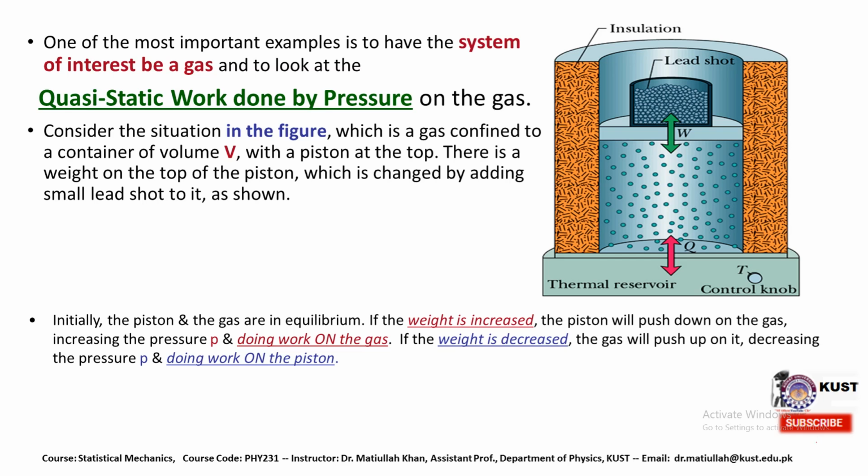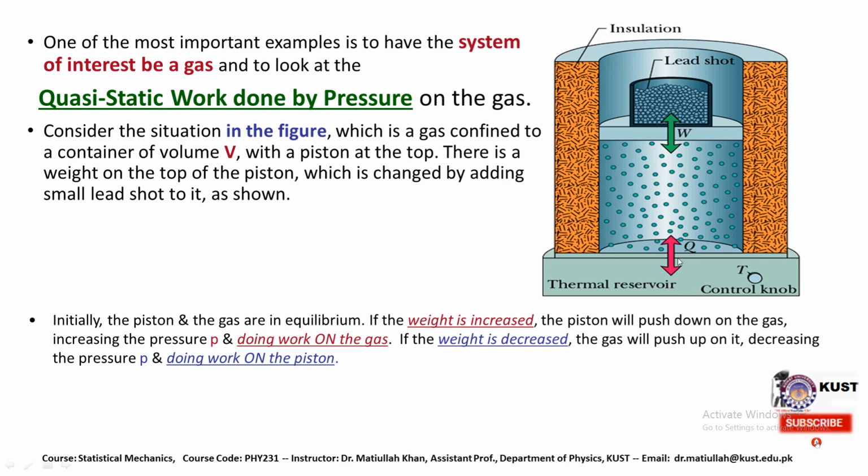We have these two extreme cases where work is done on the gas and work is done on the piston. In one case we increase the weight and the piston moves downward, and in the other case it can move upward if we reduce the weight. So the piston can move up and down just by increasing or decreasing the lead rods.